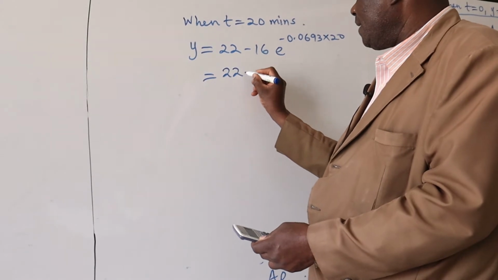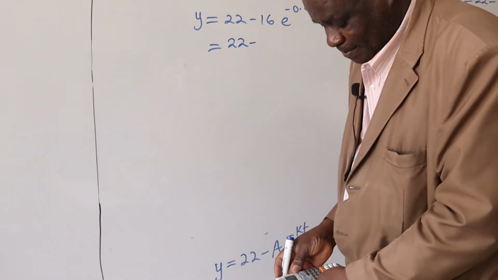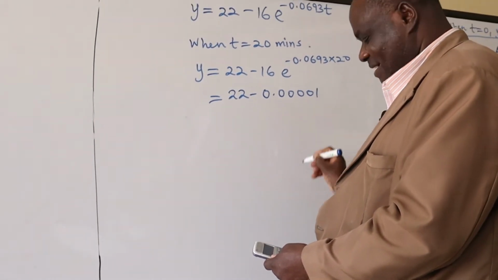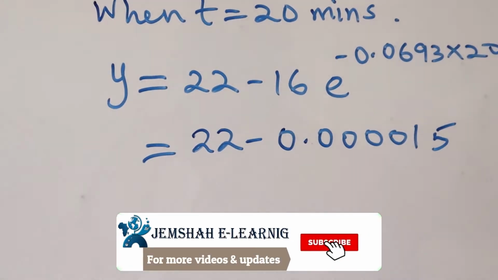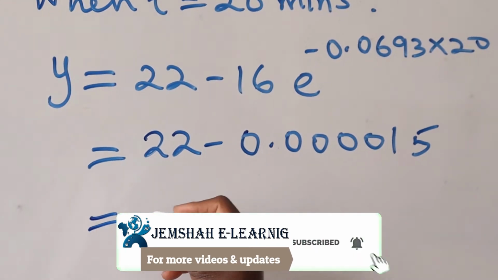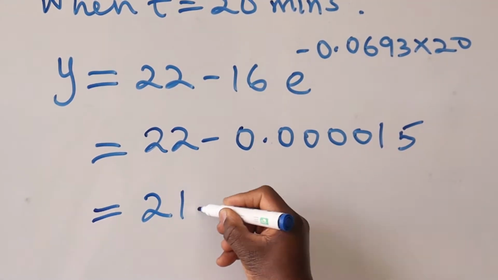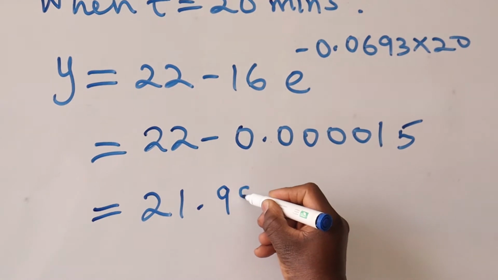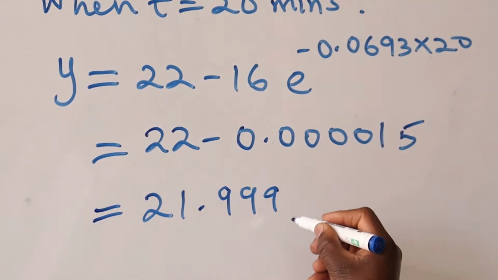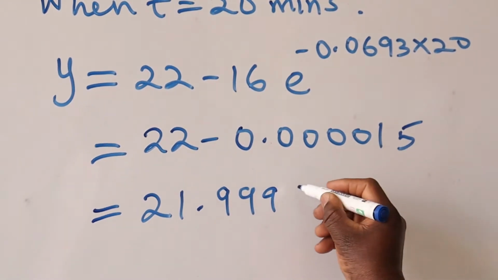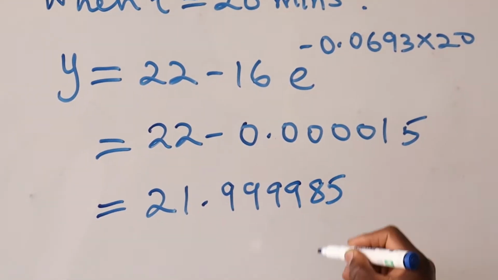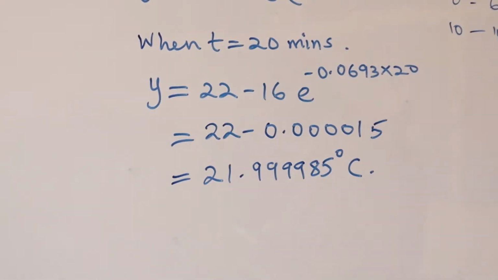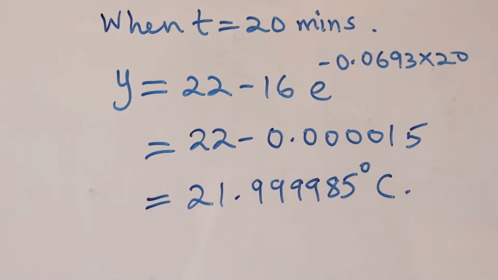will be equal to 22 minus 0.000015, which will be equal to 21.99985 degrees Celsius.